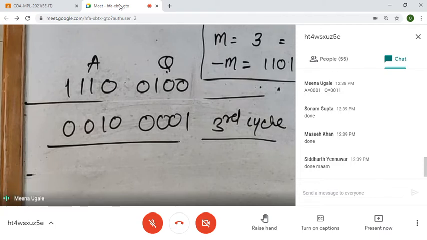Okay, Sonam Masya, you got it. Siddharth also got it. Shubham done. Very good. Krishna also done. Very good.